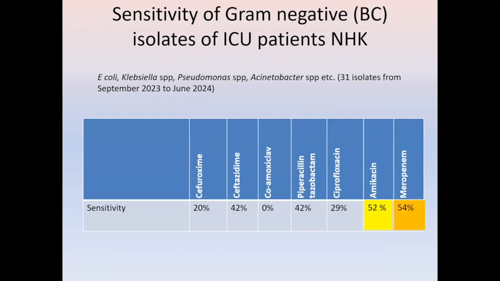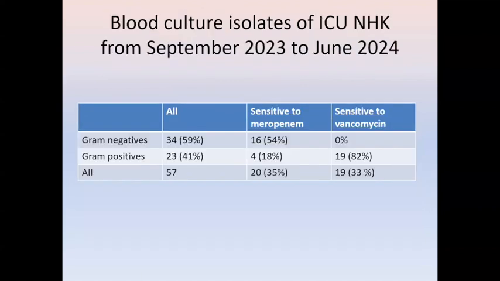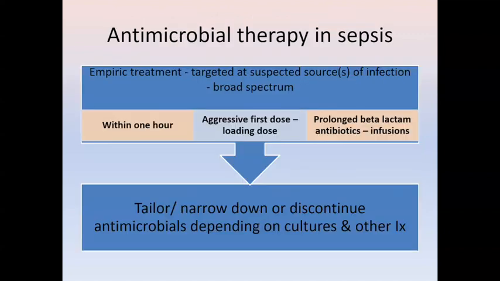As you can see, we don't have 100% sensitivities. These are the things that will guide us. Regarding gram positives, we too had a good number in the ICUs, about 19. So in our situation, we have 59% gram negatives and 41% gram positives. It's better to cover Staph aureus, MRSA as well, because it all depends on your institution.